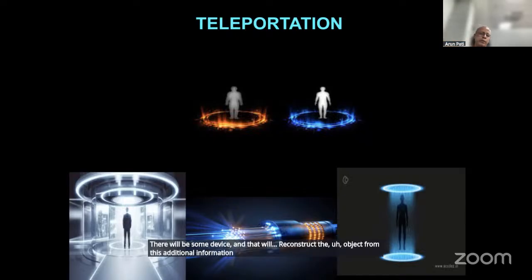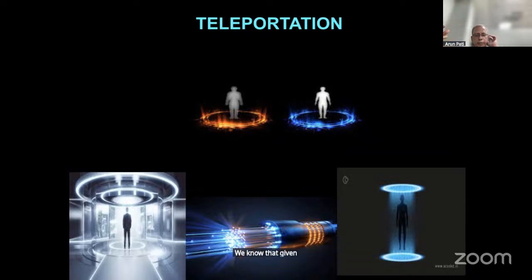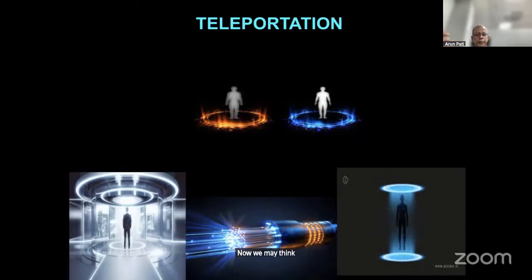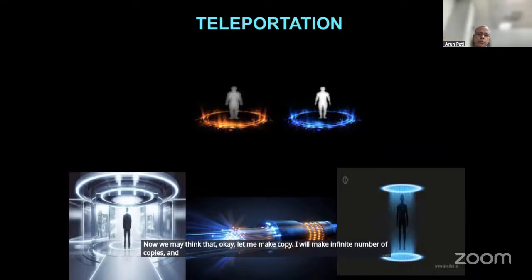That would amount to some kind of teleportation. But we know that given a single quantum state, it is not possible for you to scan or read all the information. Now we may think, okay, let me make copies, an infinite number of copies, and then try to read the information. But by the no-cloning theorem, we cannot do that. So because of these, people thought that quantum teleportation is not possible.